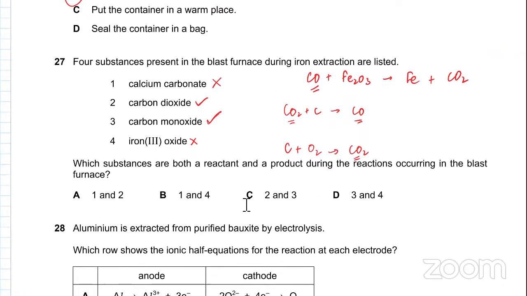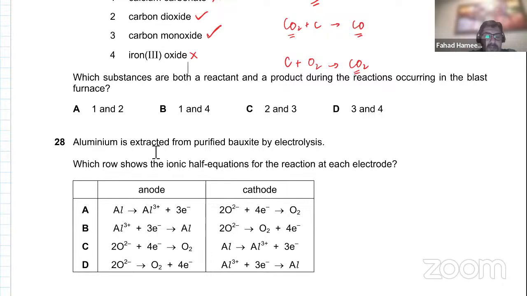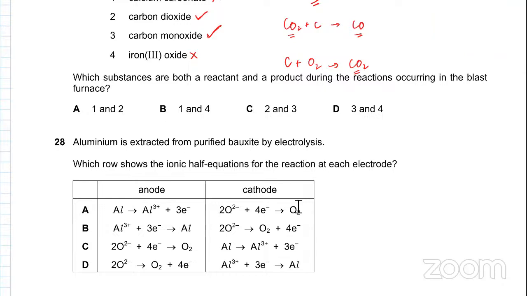Clear? Yes. That's 28. Bauxite, electrolysis of aluminium. Which equations are correct in the extraction of aluminium? At the anode, it's oxygen, and at the cathode is gonna be aluminium.